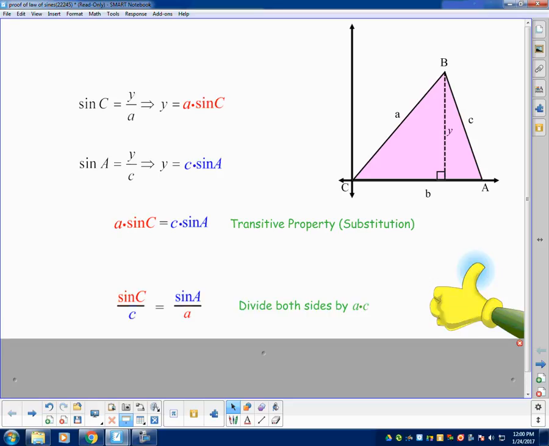I have sine of C over C equals sine of A over A. And by changing the letters in that picture, you could get the third piece, sine of B over B, can equal either one as well. So that's the proof of it. Pretty simple proof, based on right triangles, which we expected.